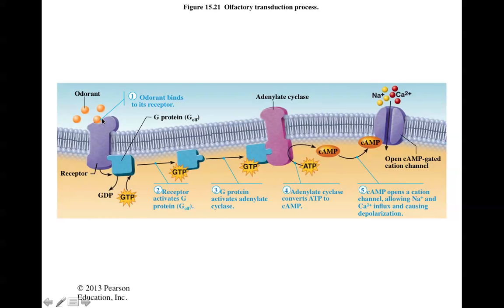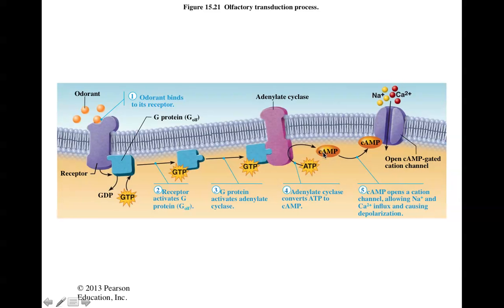As soon as the receptor receives a couple of odorants, it's going to cause this G protein to move down the membrane to interact with this enzyme here called adenylate cyclase. Adenylate cyclase is kind of a general structure that causes things to happen, especially this, which is the conversion of ATP to cyclic AMP.